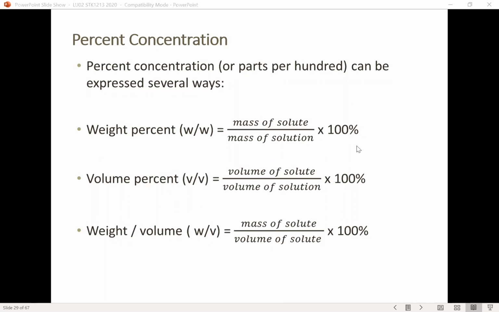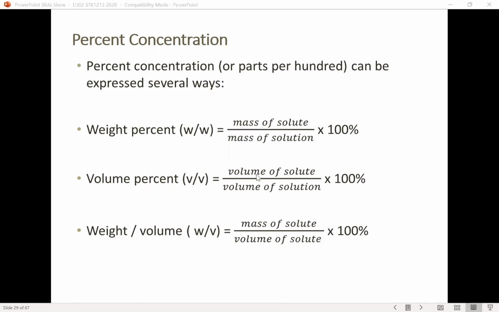There are 3 types of percent concentration, which is parts per 100, which can be expressed in three types of percentage. Either you can use weight percent, which is weight to weight, mass of solute over mass of solution times 100%, which we have covered just now, or volume percent, which is volume to volume.